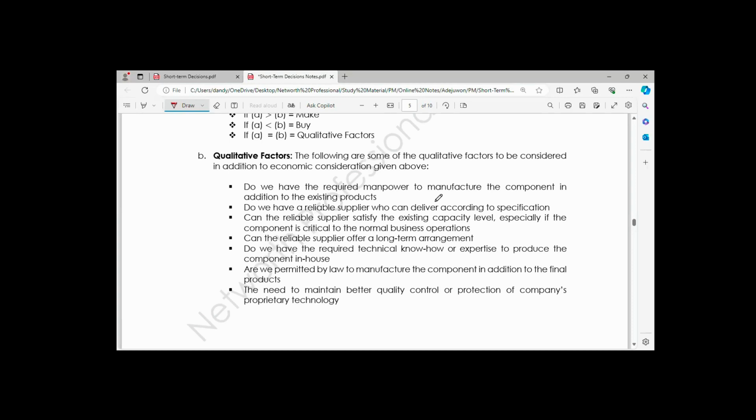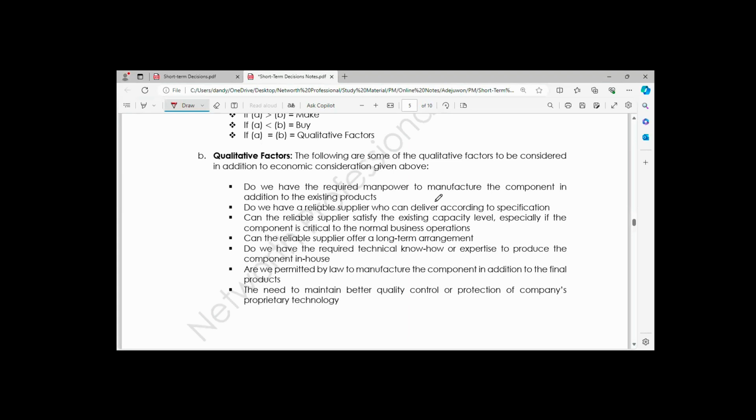One of those questions is, do we have the required manpower to manufacture the components internally in addition to the existing products? So if the company has the manpower, then they may decide to make rather than outsource it.